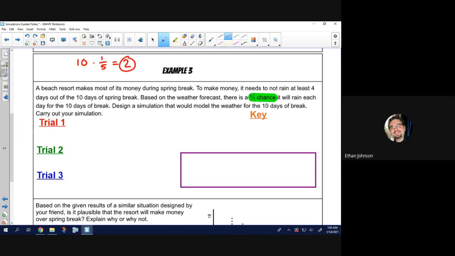Now, it does not matter which numbers we choose. I'm going to make my life easy. I'm going to say numbers 0 and 1 are rain days, meaning numbers 2 through 9 are not rain days. So once again, to start off this problem, we had to take that 1/5 chance times the total number of numbers that we have.